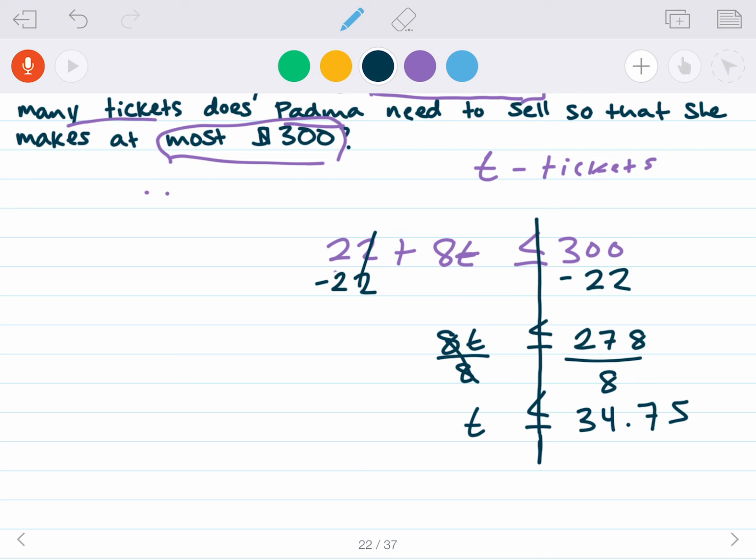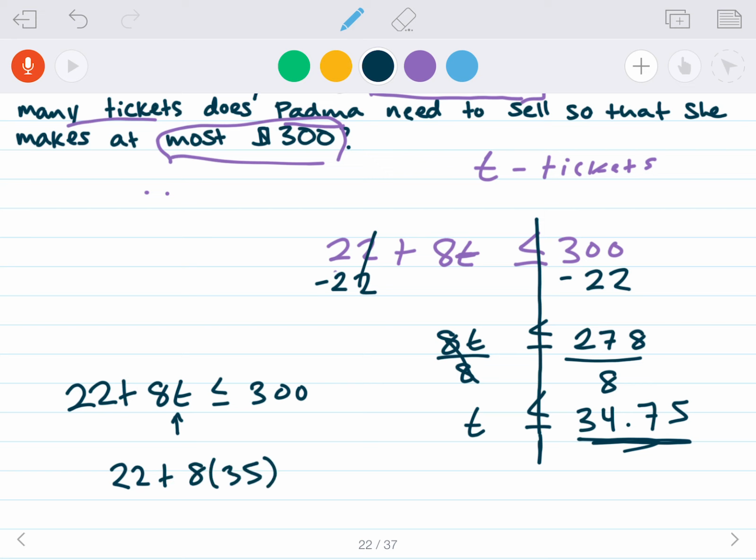So at the most, she wants to make $300. So we need to round down, basically, right? Because if we were to round it up and put 35 into 22 plus 8t is less than or equal to 300, we get 22 plus 8 times 35. Is it true that that's less than or equal to 300?